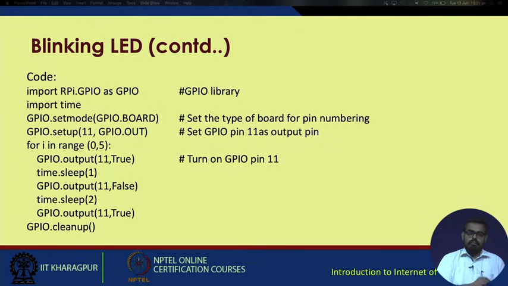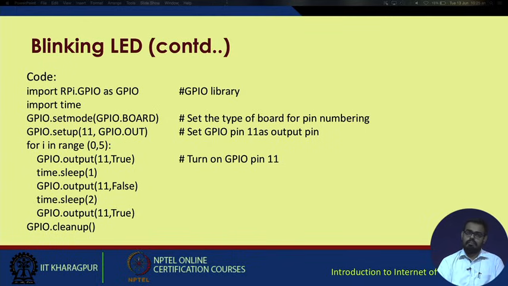So this is the code. So first line is import RPi.GPIO as GPIO. So this actually calls the GPIO library. Second one is import time. Since we'll be using a delay function on Python, this delay function is denoted by sleep.